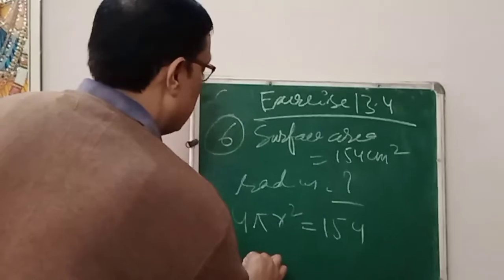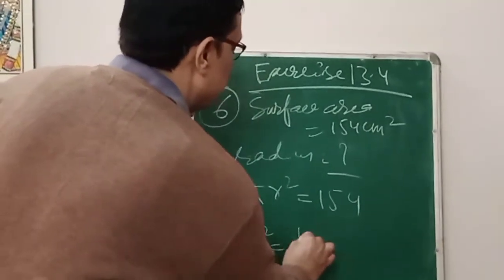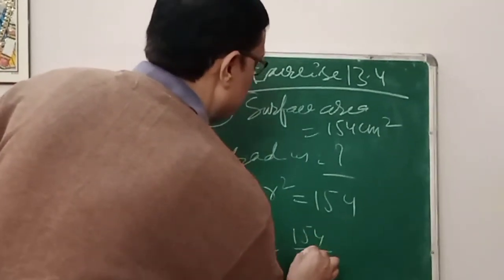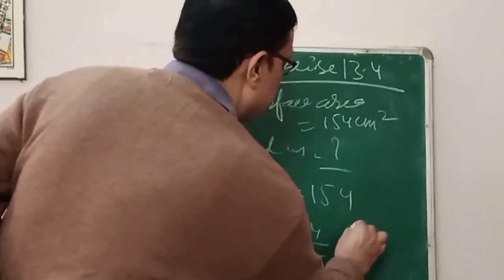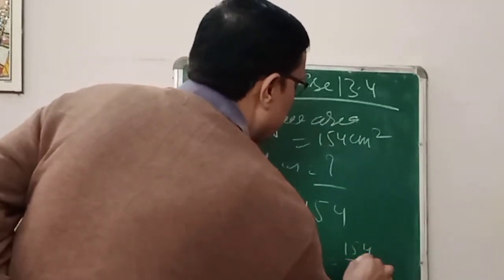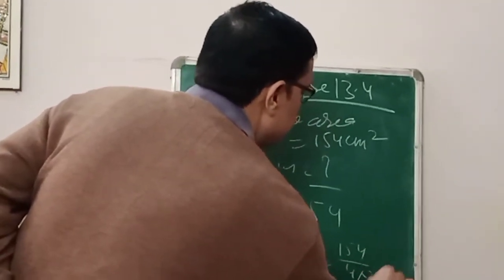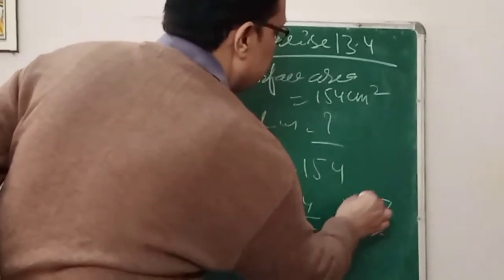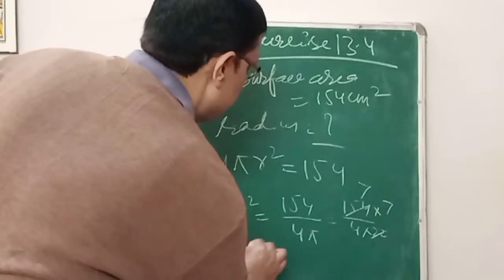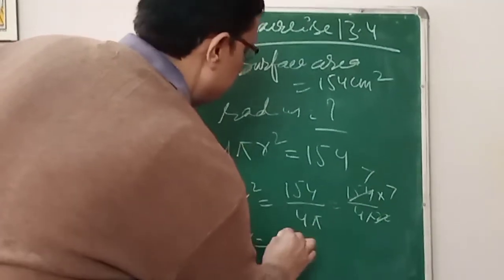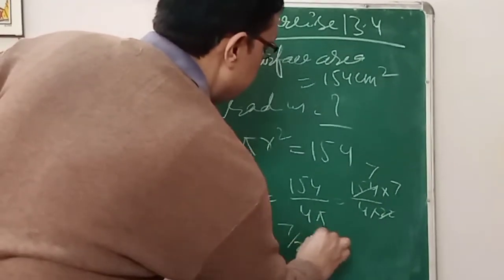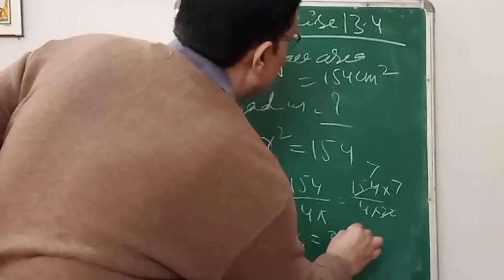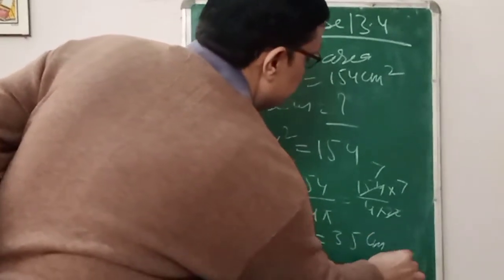So r square is equal to how much? 154 upon 4 pi. That is 154 upon 4 into 22 by 7. So this is 7 times 7 by 4. So r is equal to 7 by 2, so r is 3.5 centimeter.